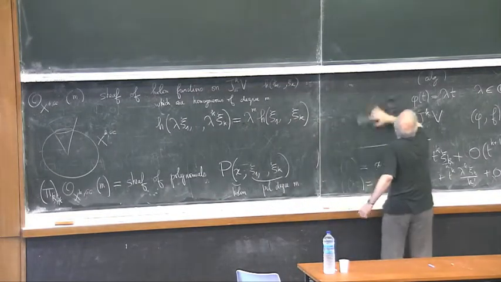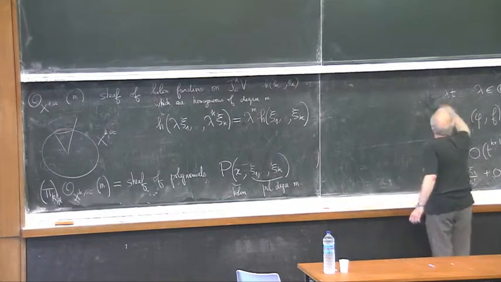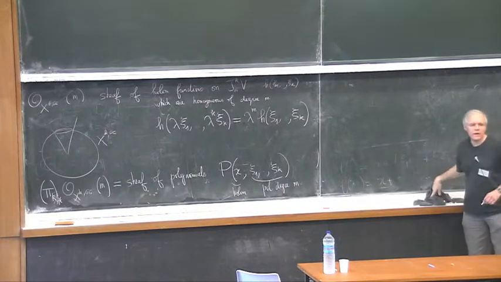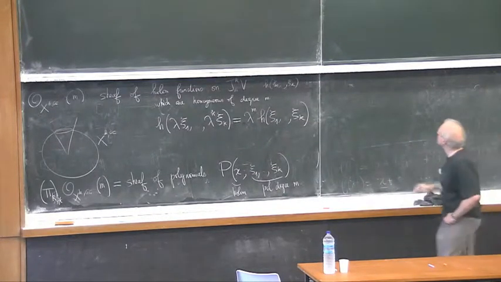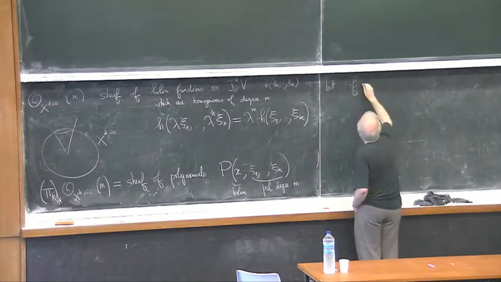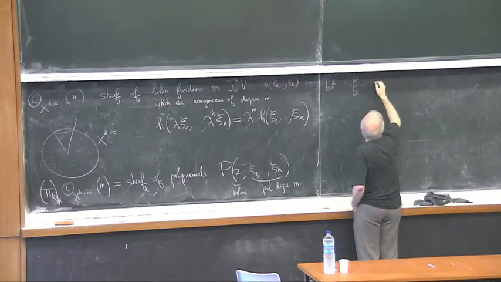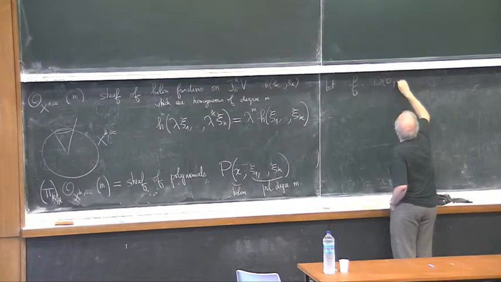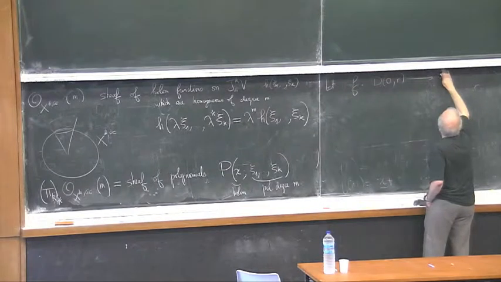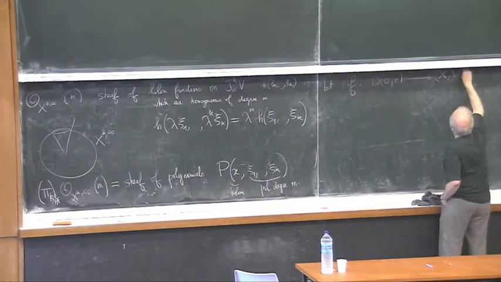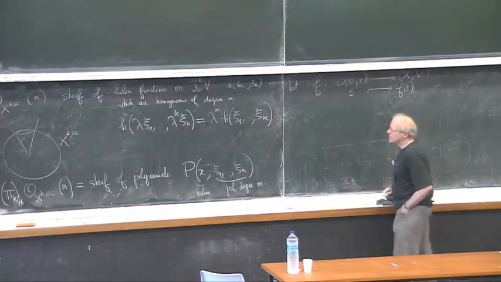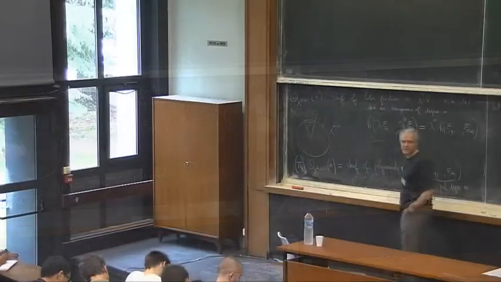Okay, but what's the interpretation of this? Now suppose you have a curve from some open set or some disk in C to X, which is tangent to V. And suppose you have such a polynomial here.